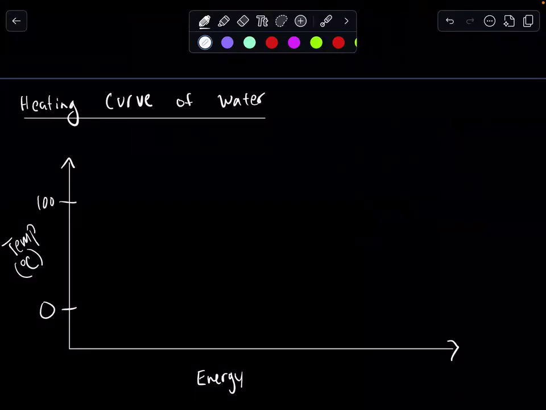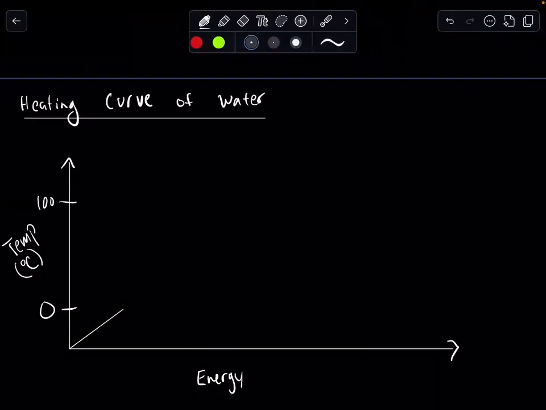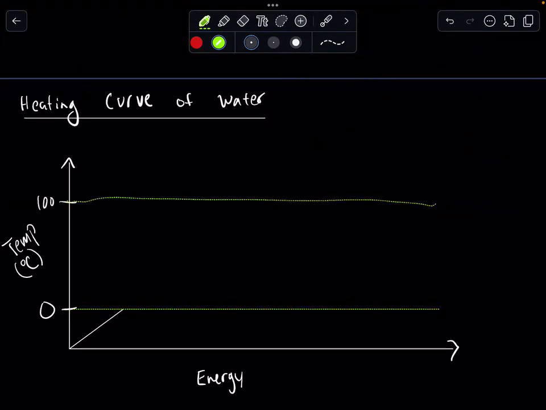Now, when I draw this heating curve, I usually start somewhere below 0, and I draw a line up to 0. This is actually going to be quite a bit easier if I map out where these points exist at. So I'm going to go ahead and do that first. Just get a nice line for 0, nice line for 100.